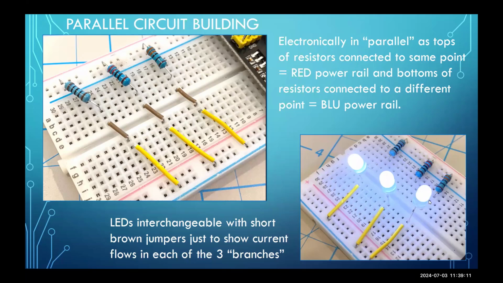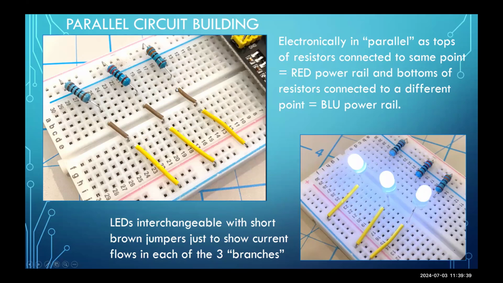Pause. Yeah, you're right. One possibility is we may not have continuity in that path. For example, if you look at the upper left illustration, that third resistor, which is supposed to be on row 15, might be on row 16 or row 14. It might be one row off from where my brown jumper is connected.